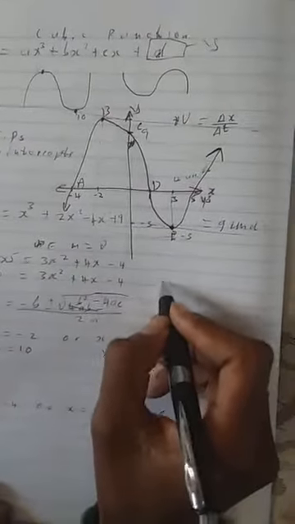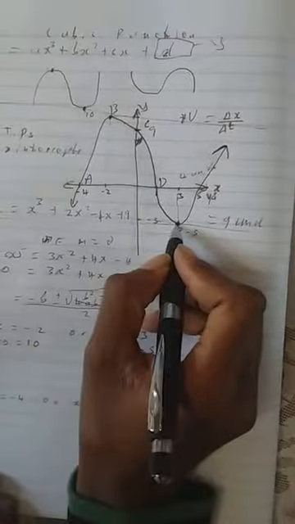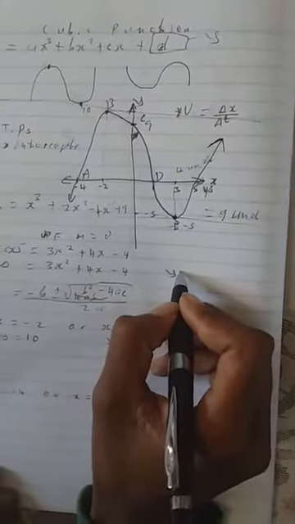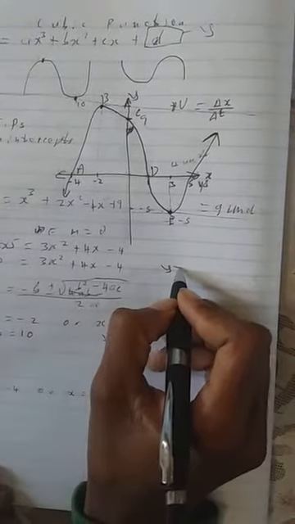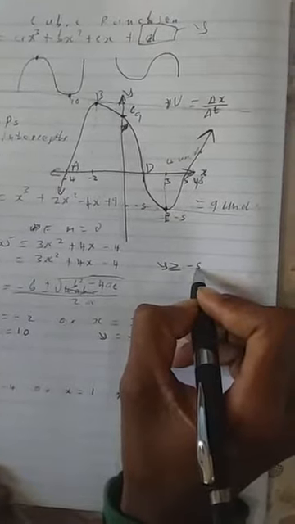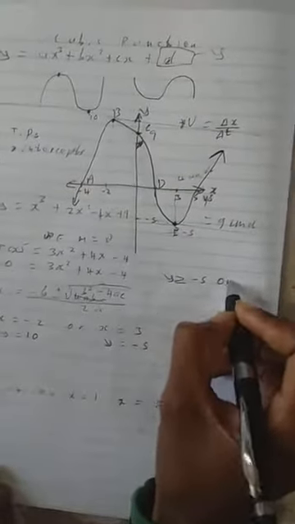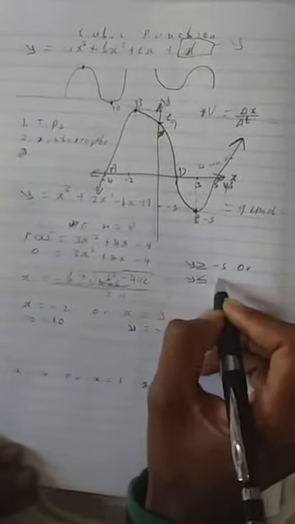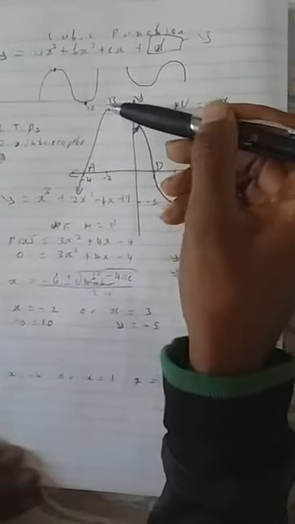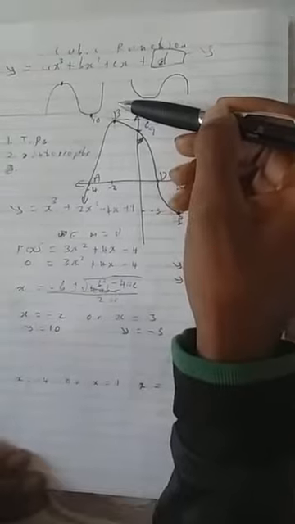So the range in this case would be y, because y touches here at -5. y is greater than or equal to -5, or y is less than or equal to 10, because this graph can touch 10, but it cannot go beyond 10.